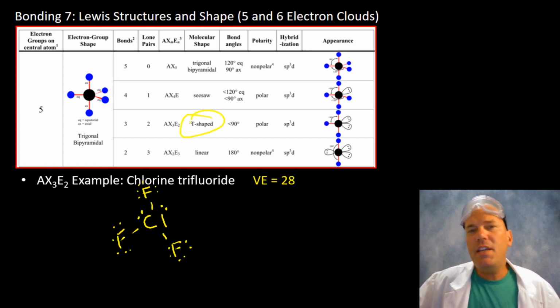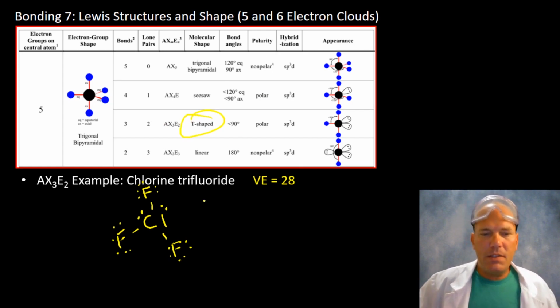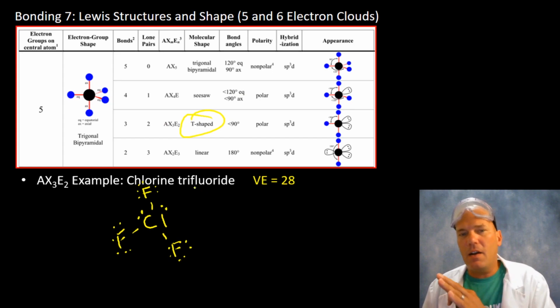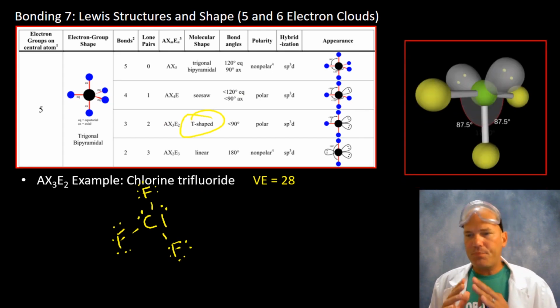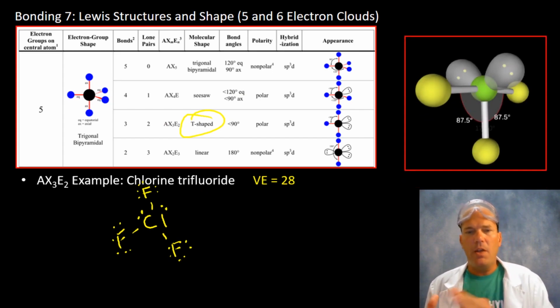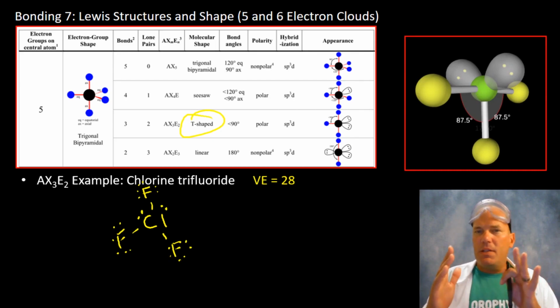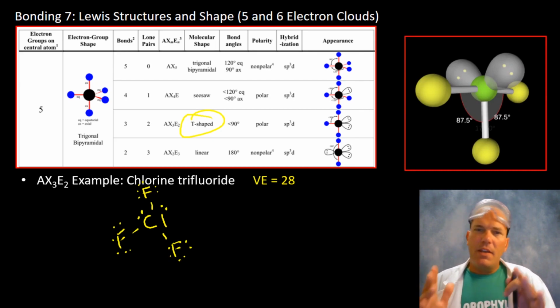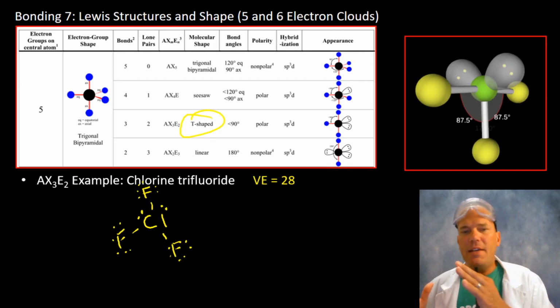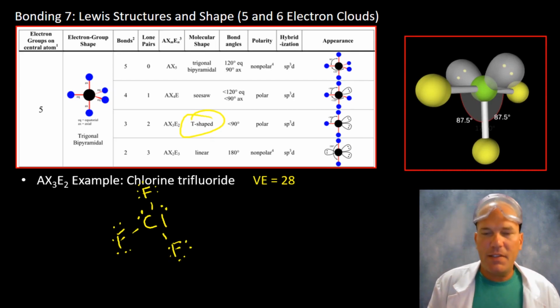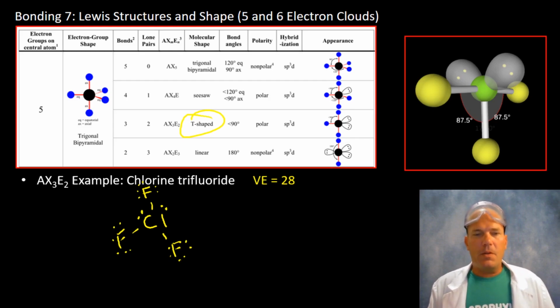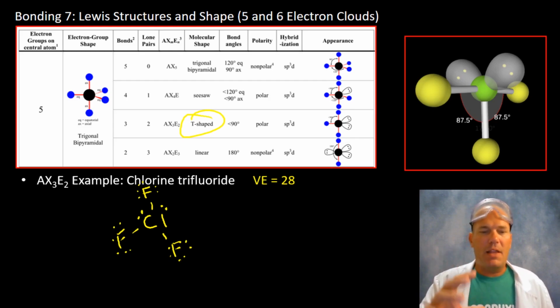This is called a T-shaped, and we're going to see bond angles that are less than 90 all the way across. So again, this is a trigonal bipyramidal, but its molecular shape is called T-shaped. Ideal bond angles are less than 90 degrees for this particular molecule.